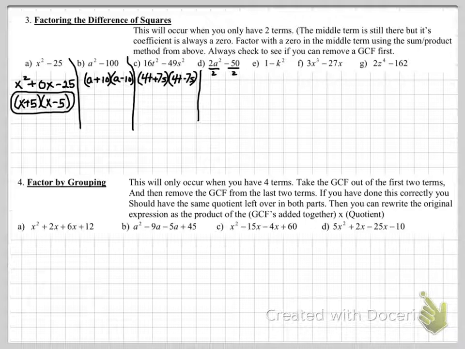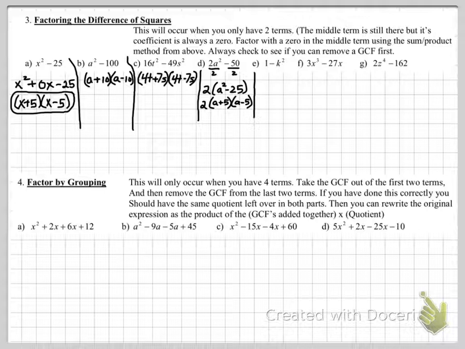Now, jumping ahead a little bit, you can see that we can factor a 2 out of the next. So always look and see if you can remove a greatest common factor. In this case, we can. So we're going to get 2 times a squared minus 25. And again, that's going to become 2 times a plus 5 times a minus 5. On our third one, 1 minus k squared.